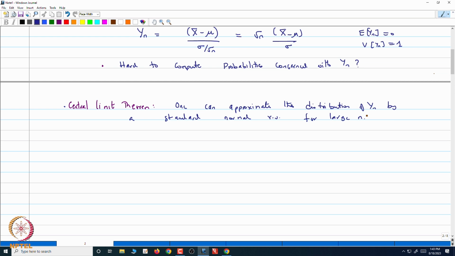It's a nice, remarkable result. That is, as n gets larger and larger, one can actually show that Yn approaches normal 0, 1.